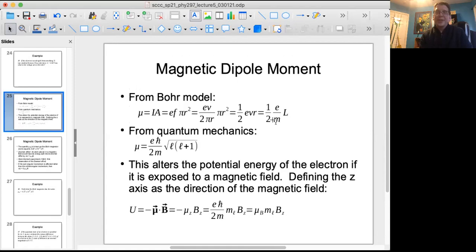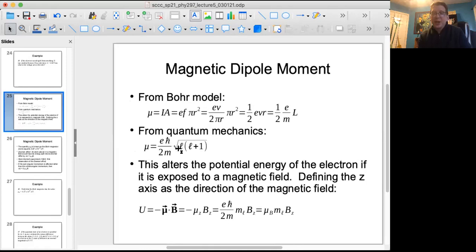You can write that in terms of the angular momentum, 1/2 e over m times L. For quantum mechanics, we know that the dipole moment is e h bar over 2m multiplied by the square root of L times L plus 1. So you just take the magnitude of the angular momentum and put that in. This relationship works even outside the Bohr model, and so you can set it up so that you have a value for the magnetic dipole moment.